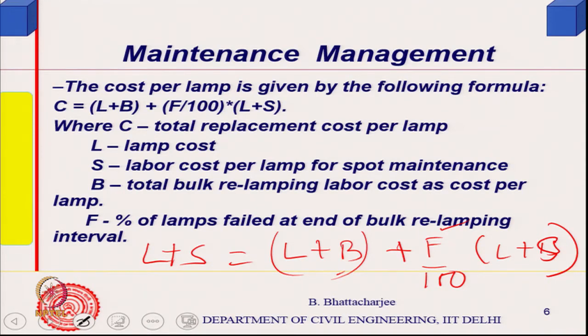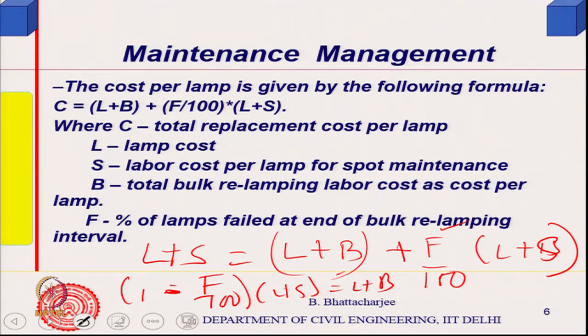So, f, if f is in percentage, would work out as follows. I bring it to this side, so I will have 1 minus f by 100 into L plus S must equal L plus B. L plus S is common into 1 minus f by 100. Is this algebra okay? I think it is okay.